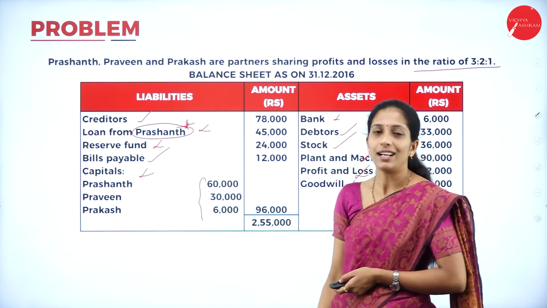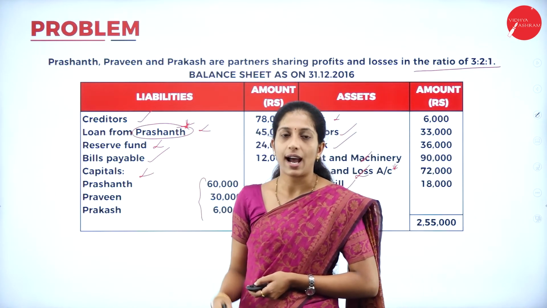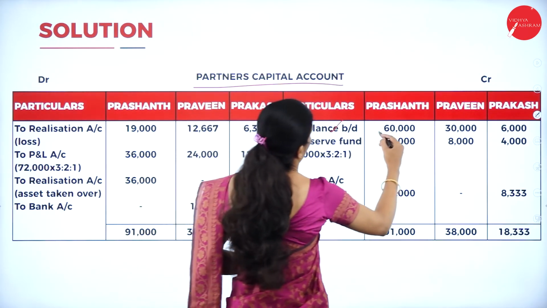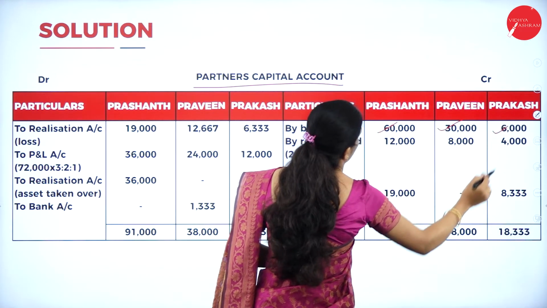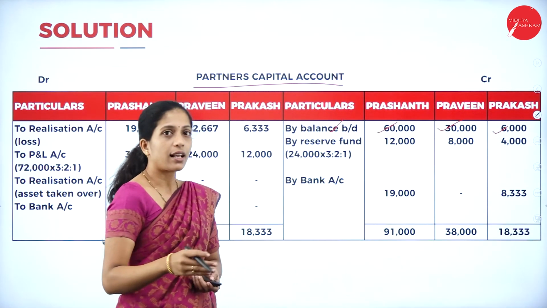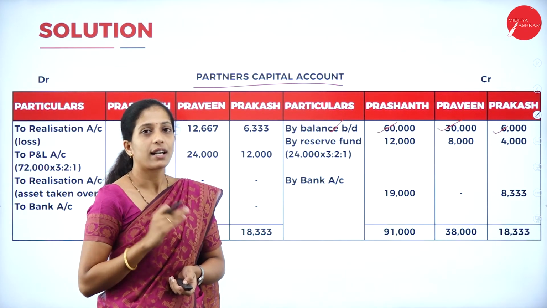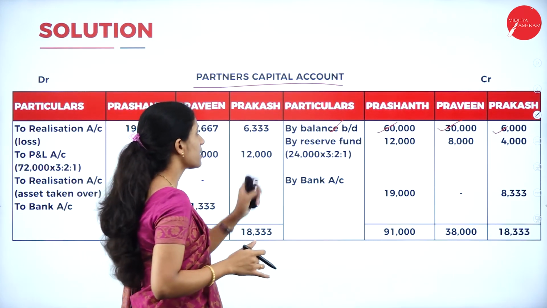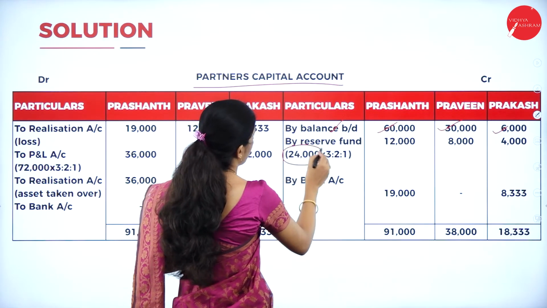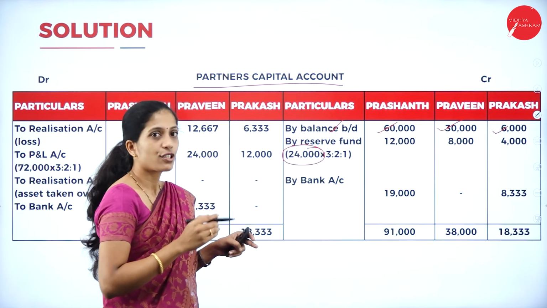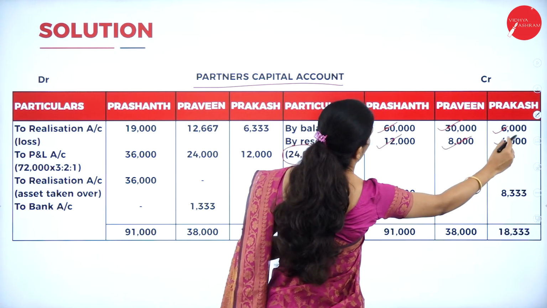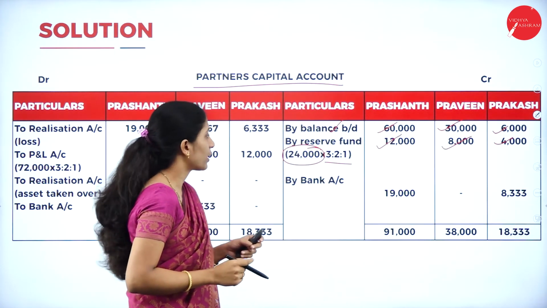So, take the capital of these partners as by balance brought down, 60,000, 30,000 and 6,000. Next, check whether there is any reserve fund and profit and loss account. If you find, you have to distribute it to all the partners. On the liability side, there is a reserve. So, distribute 24,000 in the profit sharing ratio 3:2:1, you will get 12,000, 8,000 and 4,000.